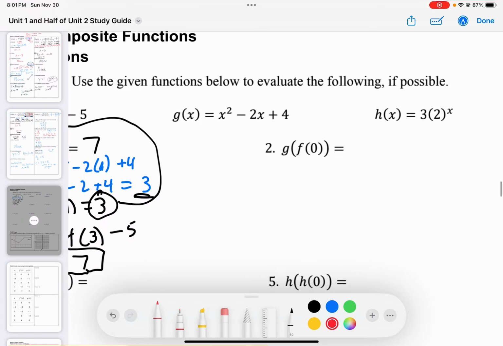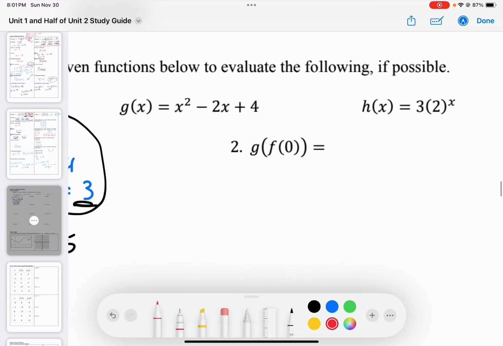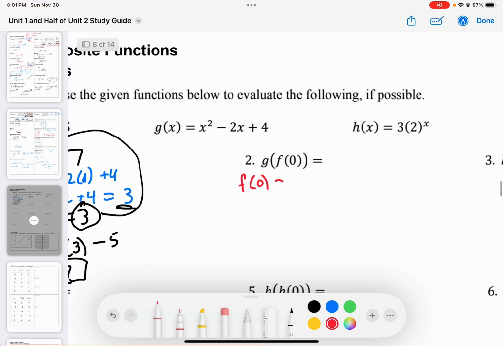All right, let's hop over here to the g of the f of 0. So I'm going to substitute 0 into f. The f of 0 equals 4 times 0 minus 5. So the f of 0 is equal to negative 5. And that negative 5 becomes the input into g.